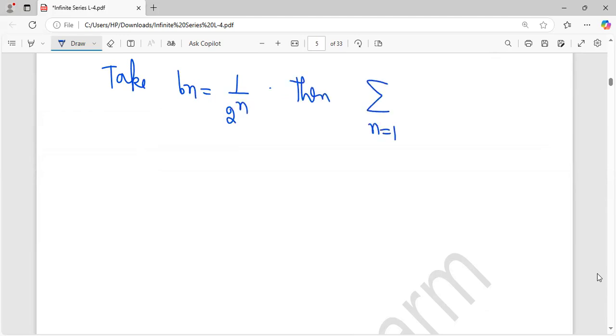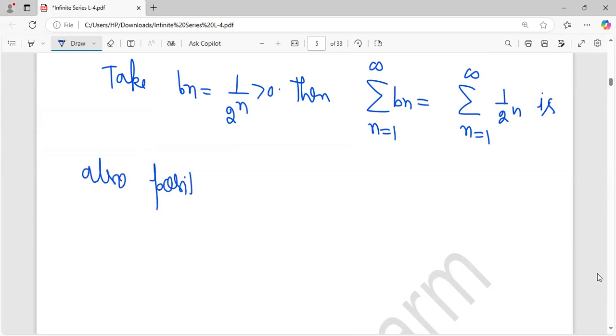Now what will be the choice of Bn? You take Bn equal to 1 upon 2 to the power n. Then this series, summation n goes from 1 to infinity of Bn, is also a positive term series, because it is greater than 0.